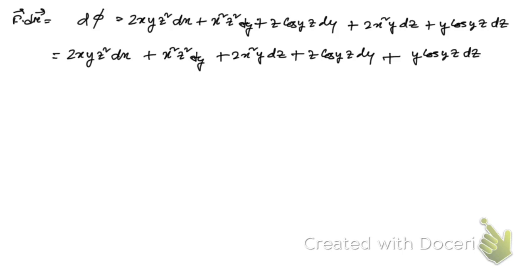Now if you observe these three terms, here we have dx, we have dy here, and we have dz here.